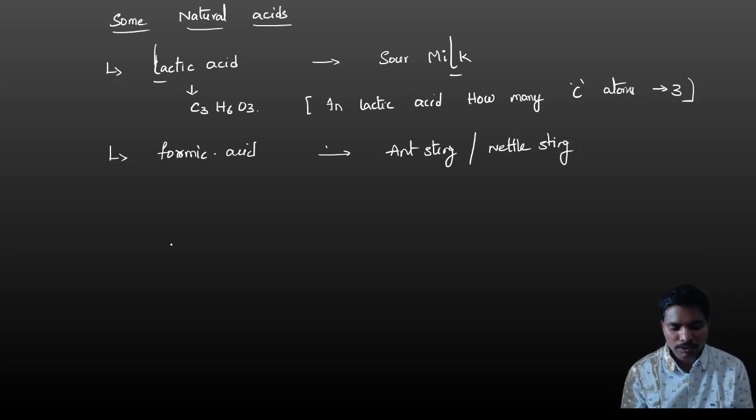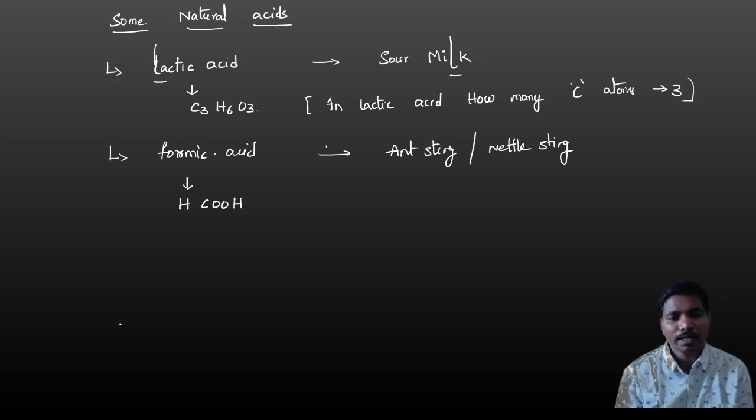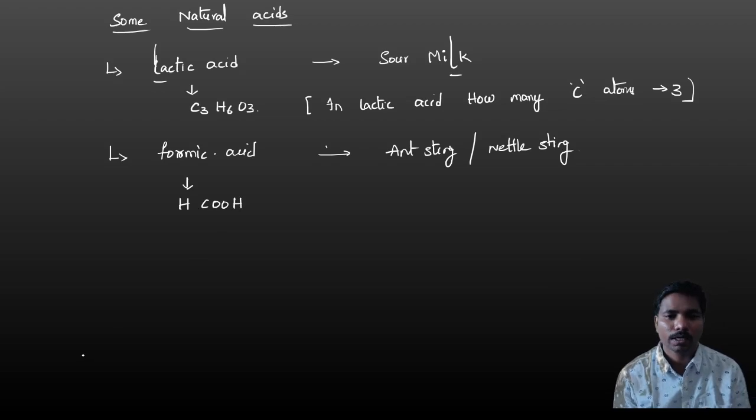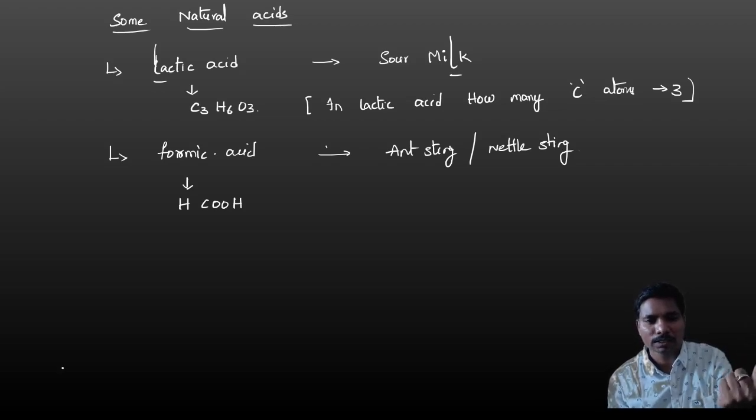And coming to formic acid, the chemical formula is HCOOH. So how many carbon atoms here? One carbon atom. If one carbon atom, then the first name of the hydrocarbon is meth. If two carbon atoms, eth, then prop, but, pent. We will discuss this in carbon and its compounds, don't worry.